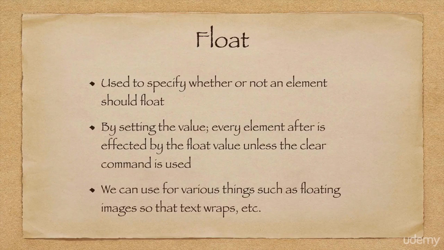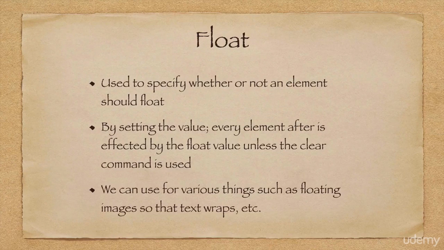So in that context, if for example you have a div, and inside that div you have an image and you have some text, what you can do is you can set your image to float left or right, and what happens then is the text will flow around that image. It's a nice effect.